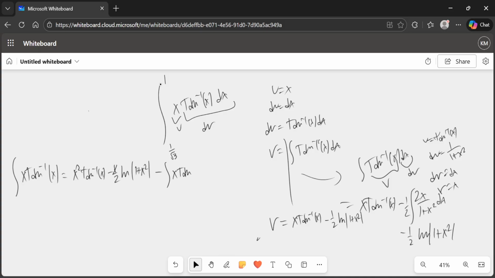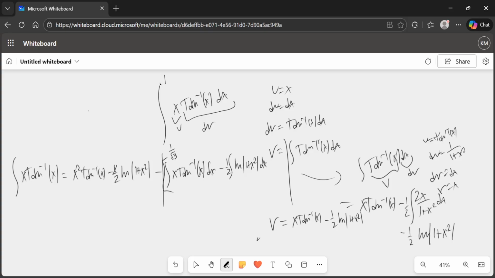Well, first of all, this can be moved over to the other side, but then what about the other part, which is this 1/2 ln 1 plus x squared dx.